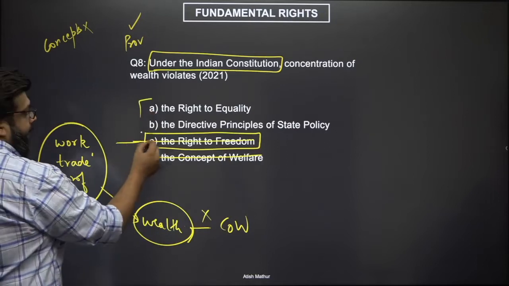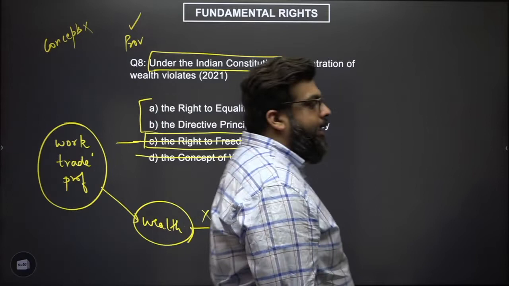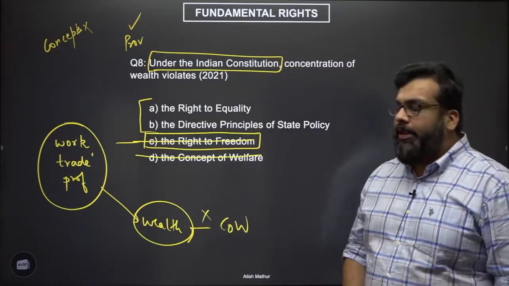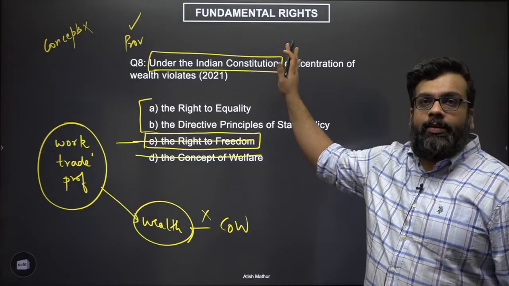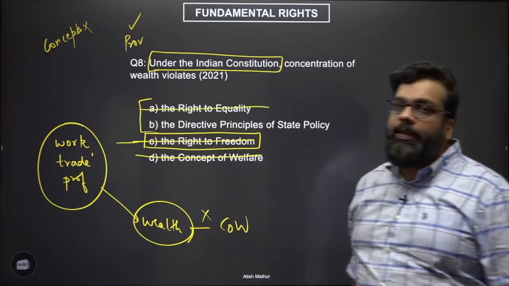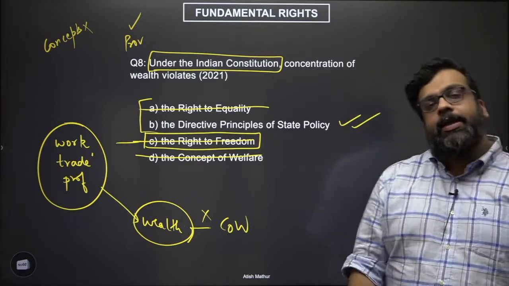Now you are left with A and B. Right to equality means two people have to be treated equally before the law, and people from similar circumstances must be treated similarly. There is no law here. It's a principle. So right to equality has nothing to do with concentration of wealth. And this, therefore, by elimination, is your right answer.